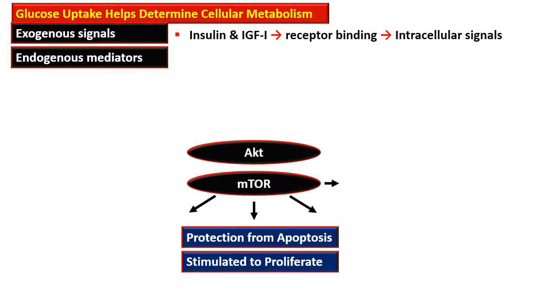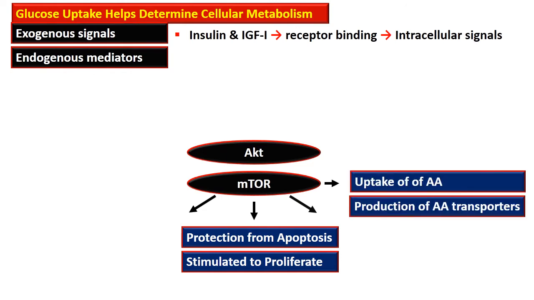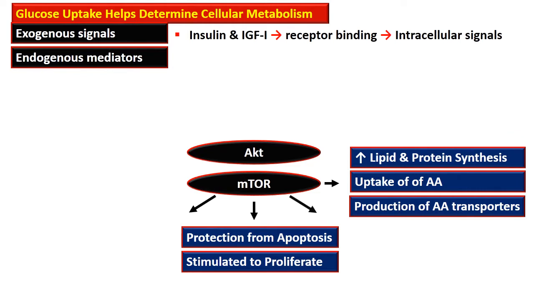The endogenous mediators are AKT-mTOR pathway that is responsible for protection from apoptosis and stimulation to proliferate by various proteins. The major effector of AKT is mTOR protein that is responsible for the uptake of amino acid and production of amino acid transporter also, and it is also responsible for increased lipid and protein synthesis.